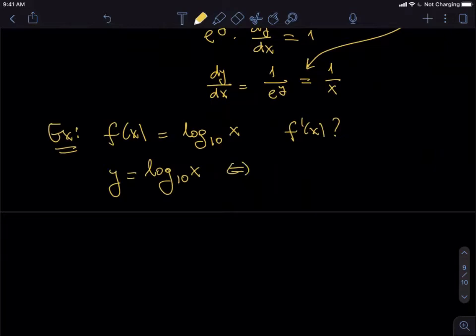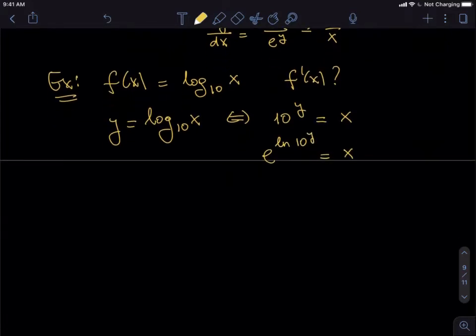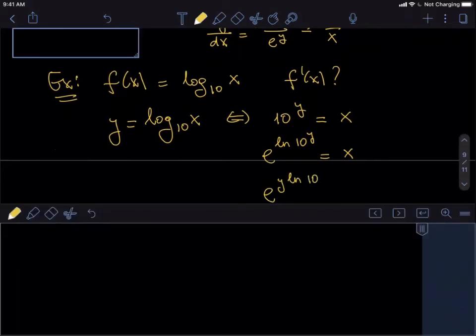Because this is the inverse of the exponential with base 10, I can raise 10 to the power y, and I'm going to get x. This is by definition of the logarithm in base 10. But here, remember, we have discussed this trick before. This is the exponential of the logarithm of 10 to the y. And here now I can apply the properties of logarithms and bring the exponent y down.